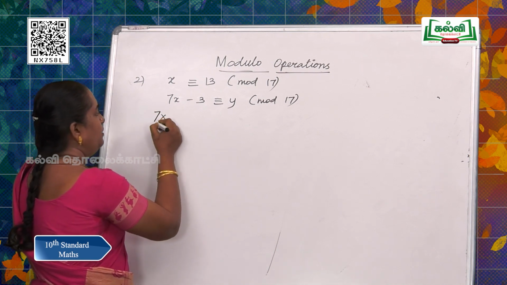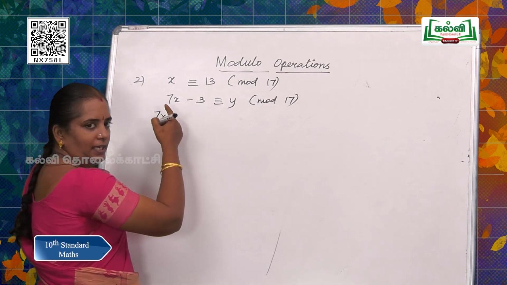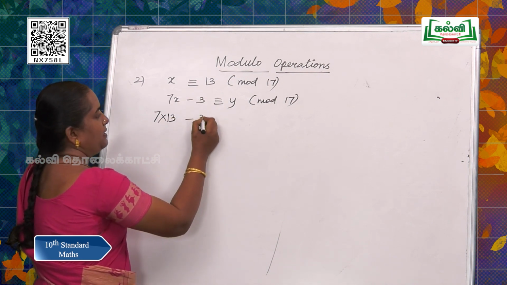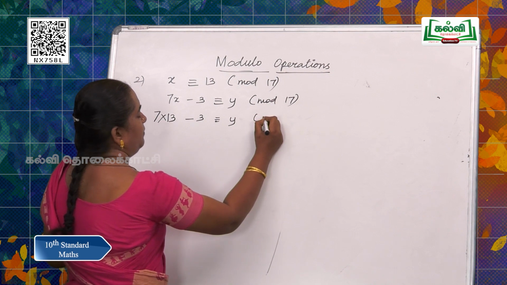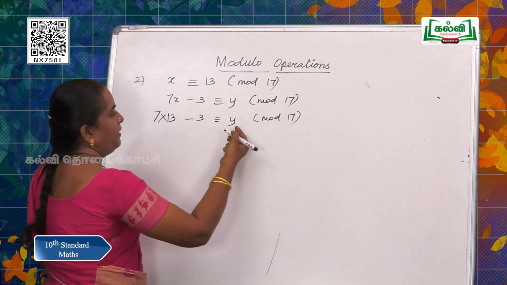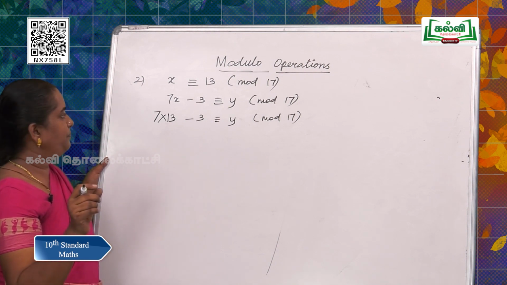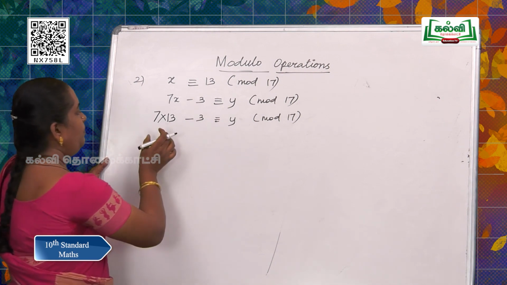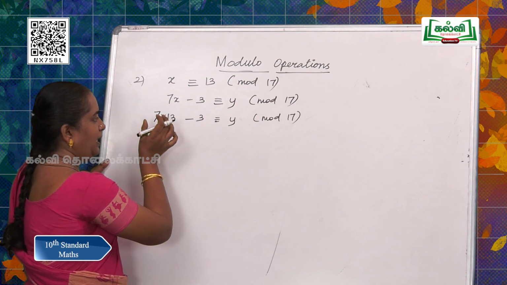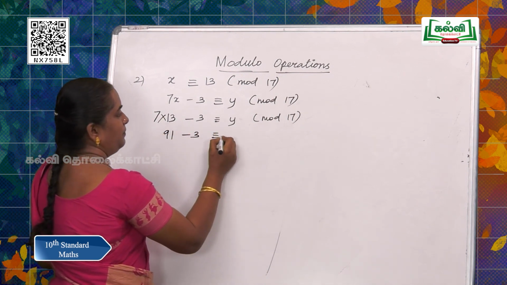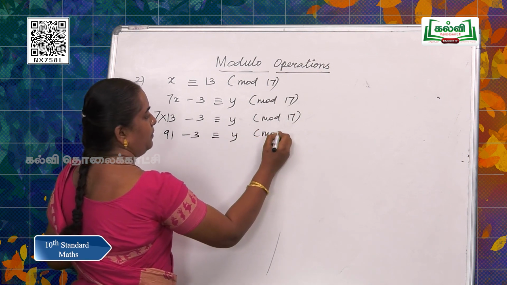So 7 into 13, minus 3 is congruent to y mod 17. Instead of x, we have substituted 13. Now multiply 13 and 7, it goes as 91 minus 3 congruent to y mod 17.